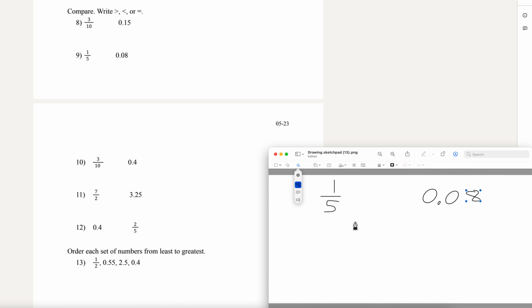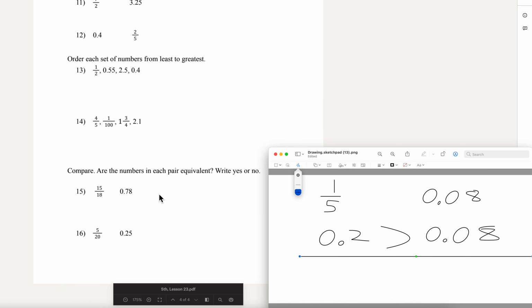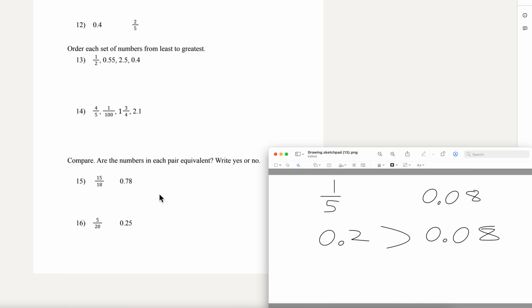So here, I'm just gonna use decimals. 1 over 5 would just be 0.2. That is 4 more greater than 0.08. Boom.